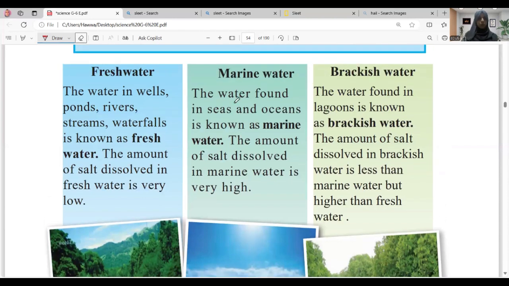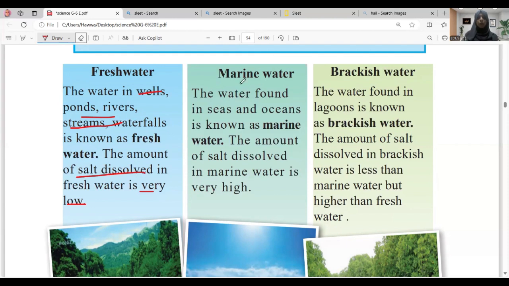So fresh water, we have wells, ponds, rivers, streams, waterfalls. Here the amount of salt dissolved is very low.